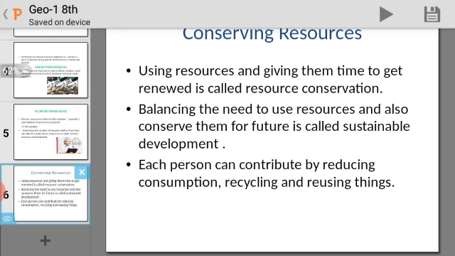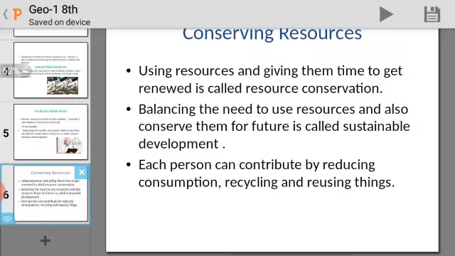So you can use it instead of throwing it out. So these are the things where we can use them again and again, and this helps us in reducing the spoiling of nature. So this is your first geography lesson, that is resources.